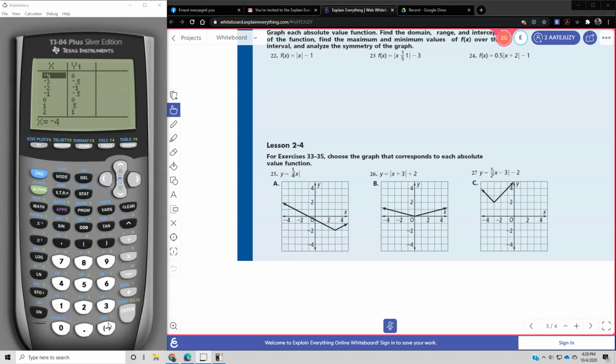Choose the graph that corresponds to each absolute value function. 25, that 1/4 is going to make the parent function wider. 26, the +3, it's going to shift left 3 units and shift up 2 units, and we're talking about the parent function.